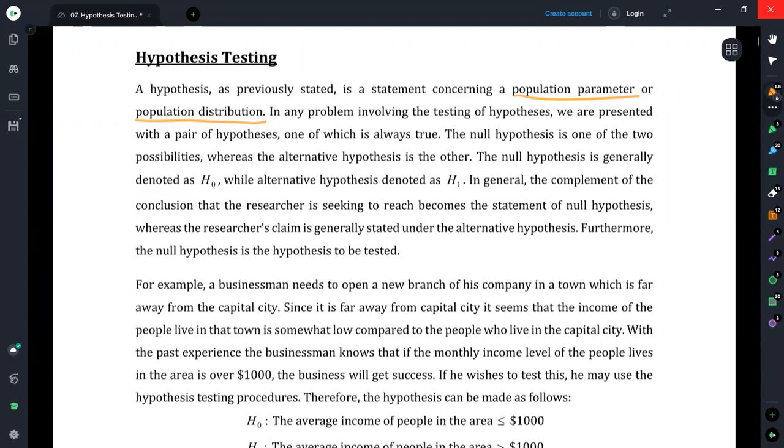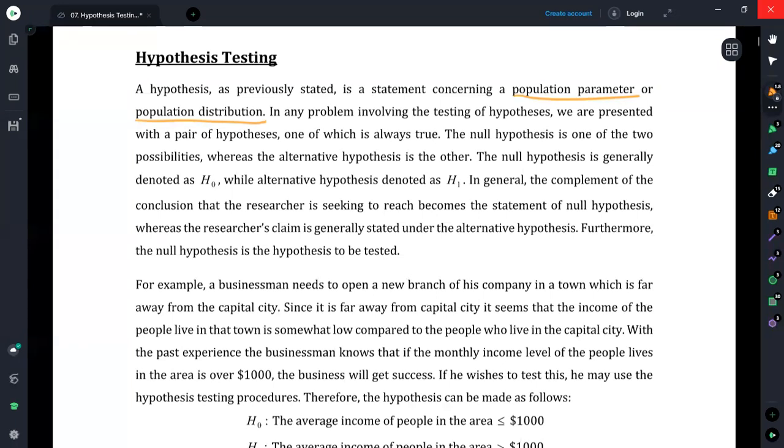Generally, we have a hypothesis, a statement concerning a population parameter or population distribution. It can be true or false, but anyhow we need to test whether it is true or false. The procedure that we are using is said to be testing of hypothesis, or hypothesis testing.